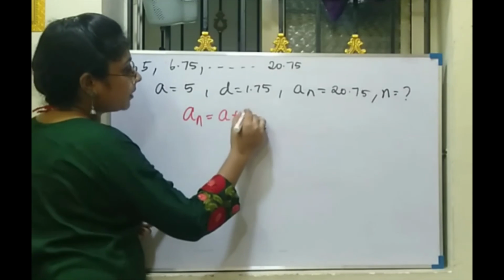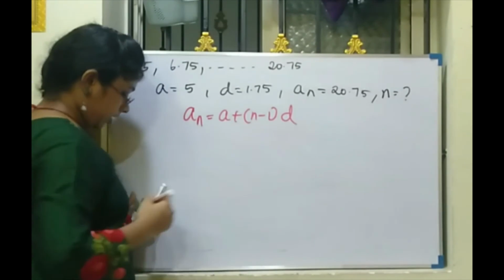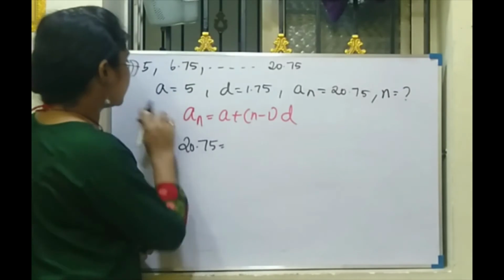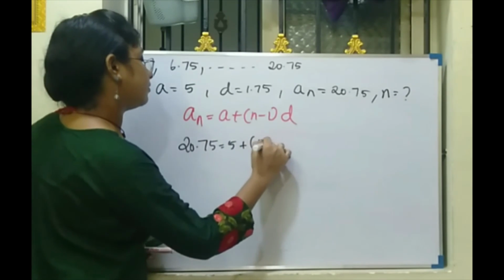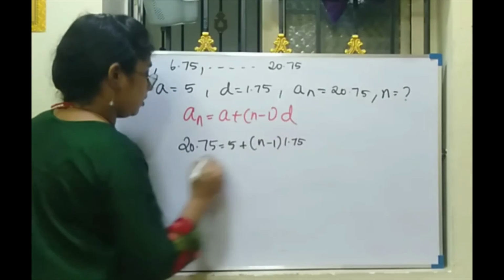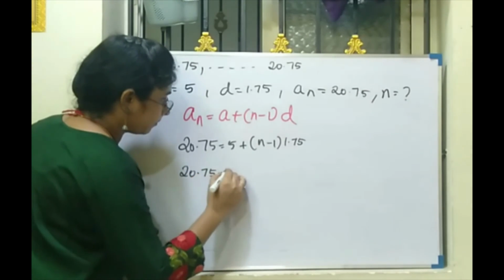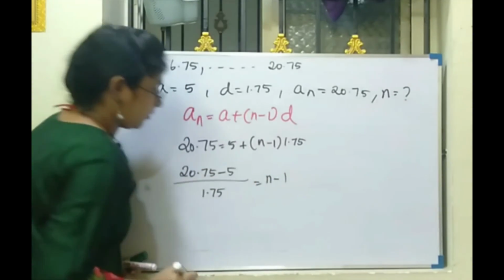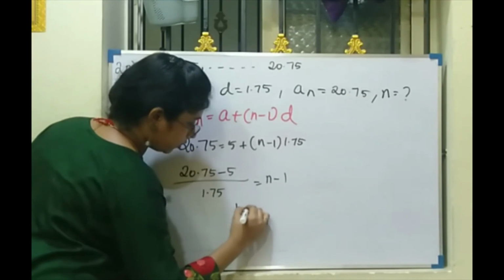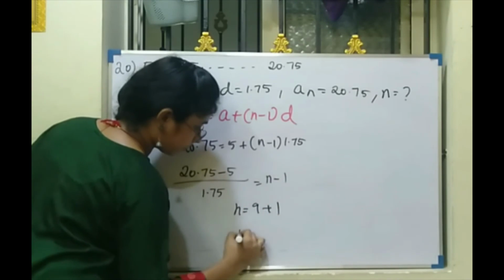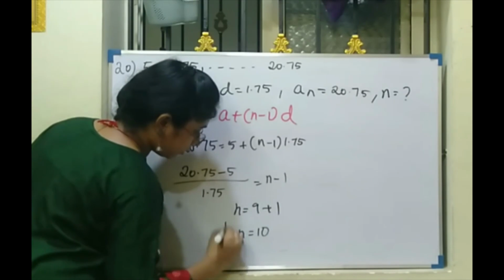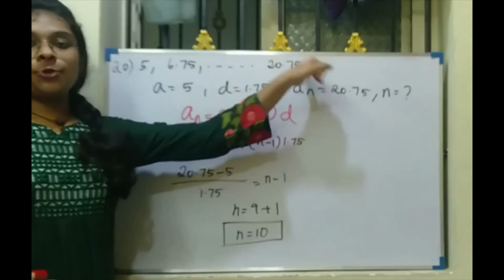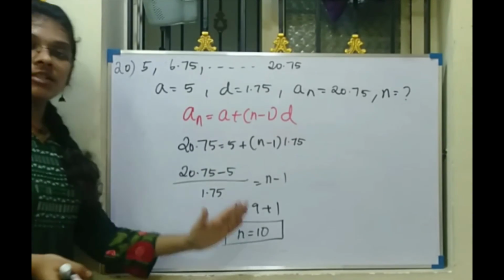AN is equal to A plus N minus 1 into D. Okay, and by substituting this, I will get my N value will be 10. She needs 10 weeks to finally attain the ₹20.75. So the number of weeks is 10.